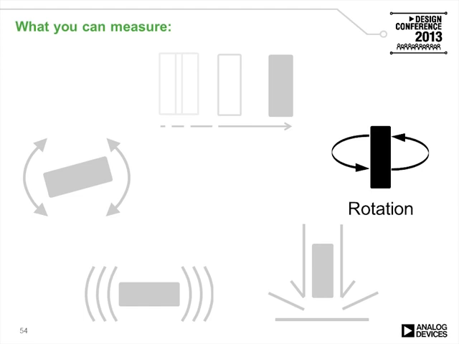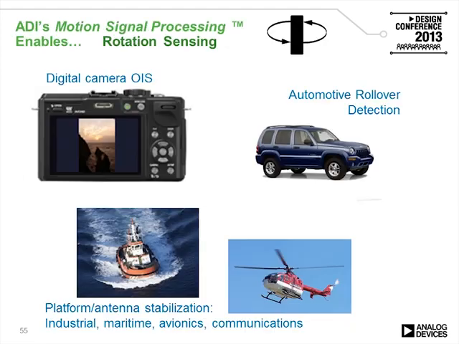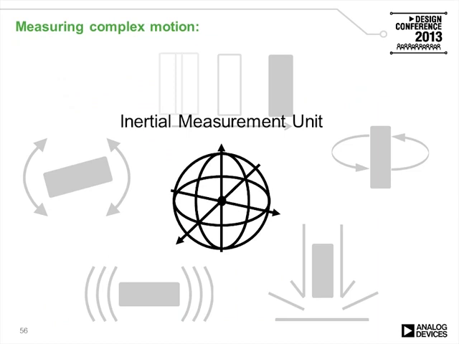Another sense of motion that we can measure is rotation. This can also be sensed using MEMS sensors, and rotation is useful in applications like rollover detection and optical image stabilization. Last but not least, you can combine multiple types of motion measurement into what's called an inertial measurement unit, or IMU, which refers to a combination of multiple sensors.